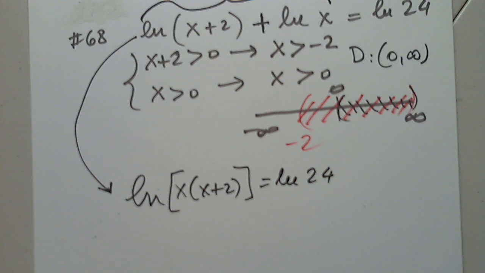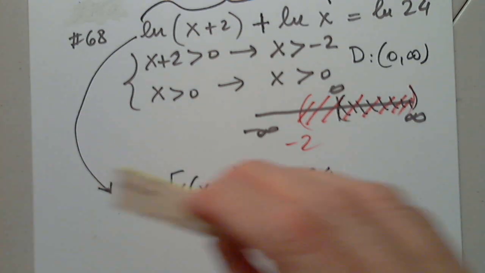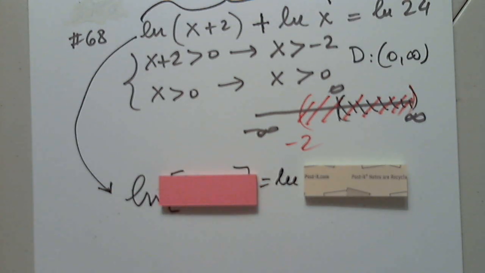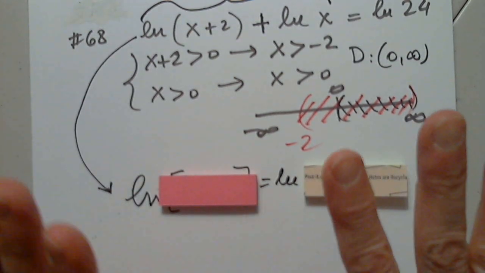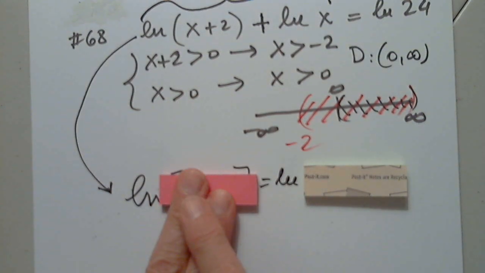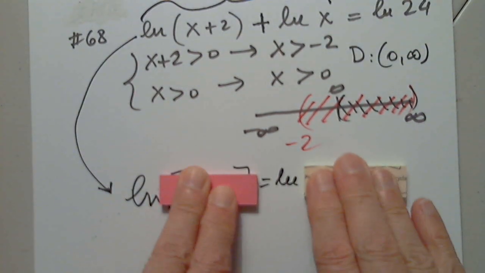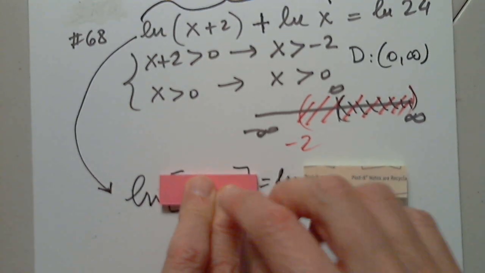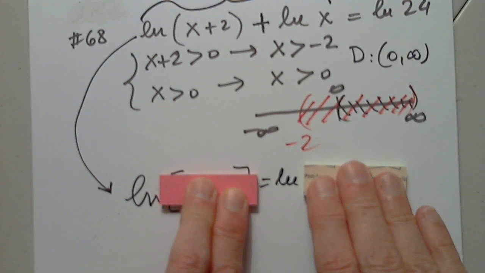And now I'm going to ask you the following. I have log of this equals log of this. And here's my question. Can this be 15 and this 24? No. Can this be 17 and this 24?